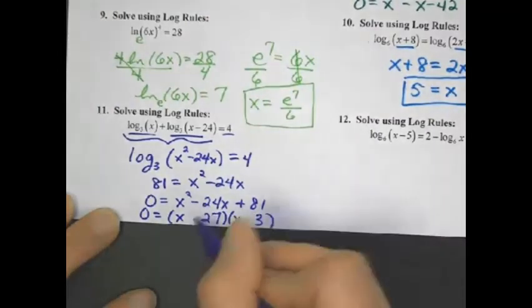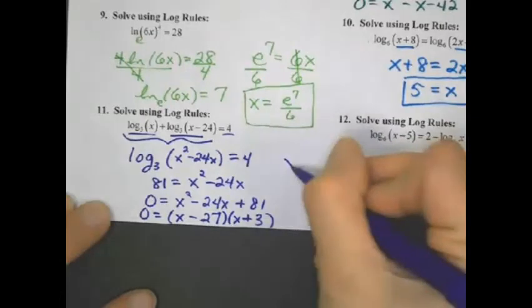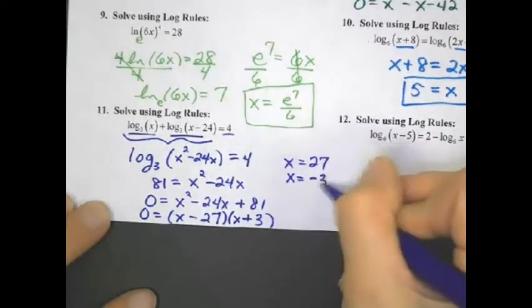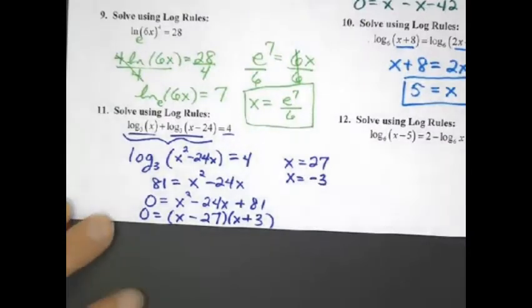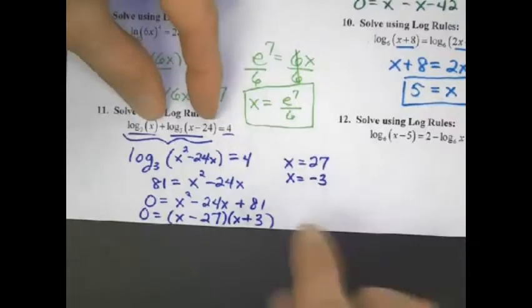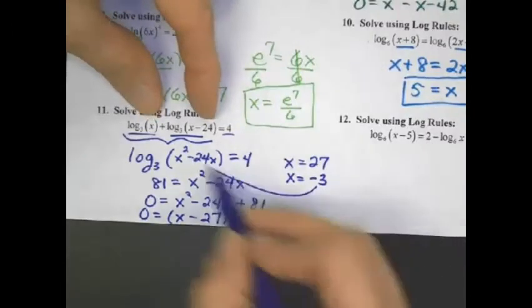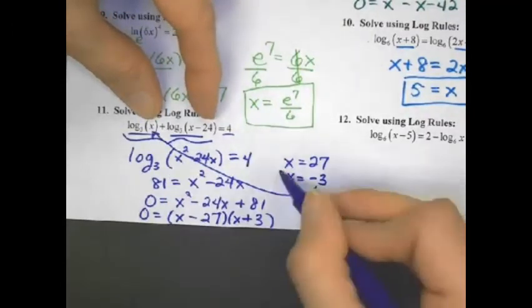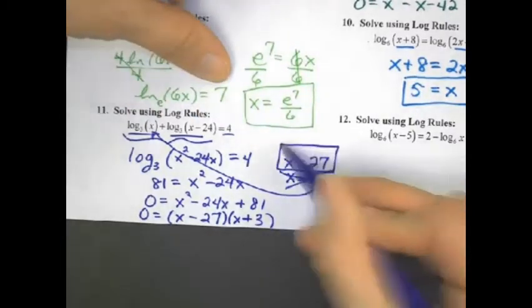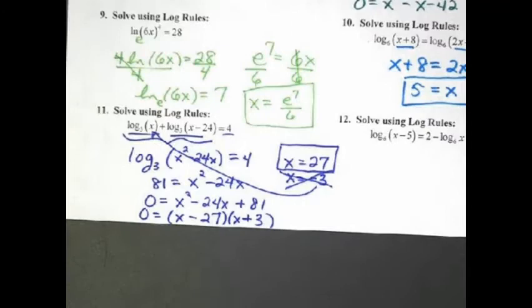And I'm going to make the 27 negative, 3 positive. So x is equal to 27 and x is equal to negative 3. Let's make sure both of these are okay. 27 is okay in both of those arguments. Negative 3, ooh, not so much. Negative 3 is not going to work. That's extraneous. The only answer you'd put on the answer line would be 27.